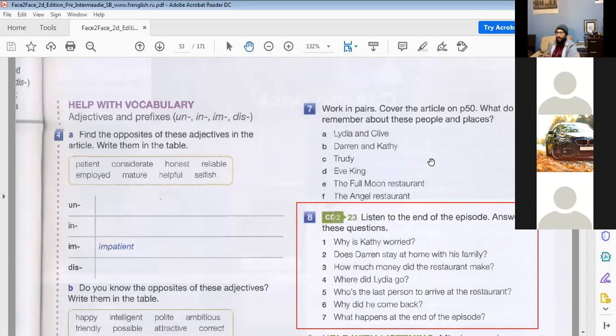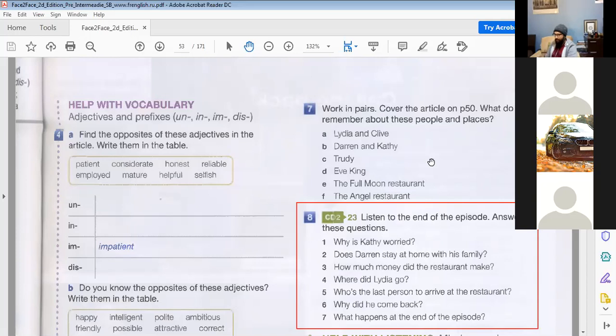And what do you think happens at the end of the episode? Who can guess? What does episode mean? Episode.